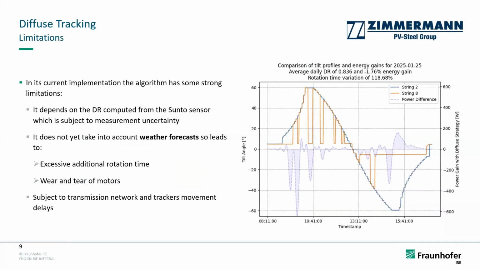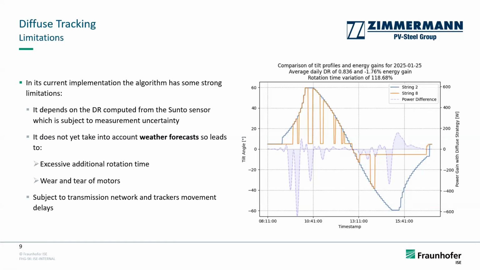However, as you may imagine, this comes with some complication and some limitation, because in the current implementation of the algorithm, we, first of all, are using the readings of the diffuse ratio from the Sunto sensor, which is subject to certain limitation. And then at the moment, we do not integrate weather forecasts yet.